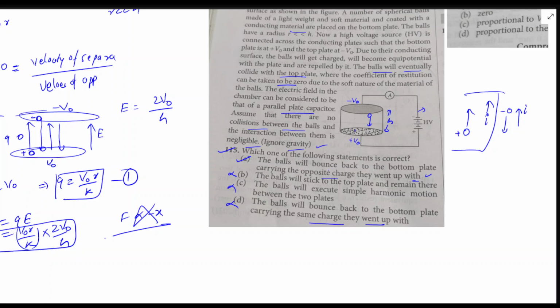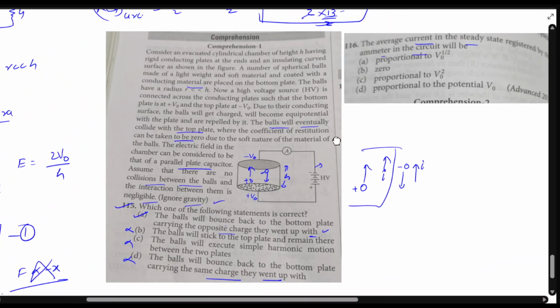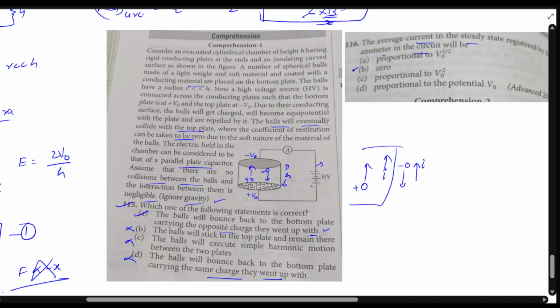So in both situations, when positive is going up and negative is going down, the current will always be in the upward direction. So the average current will not be zero. So this B is wrong.